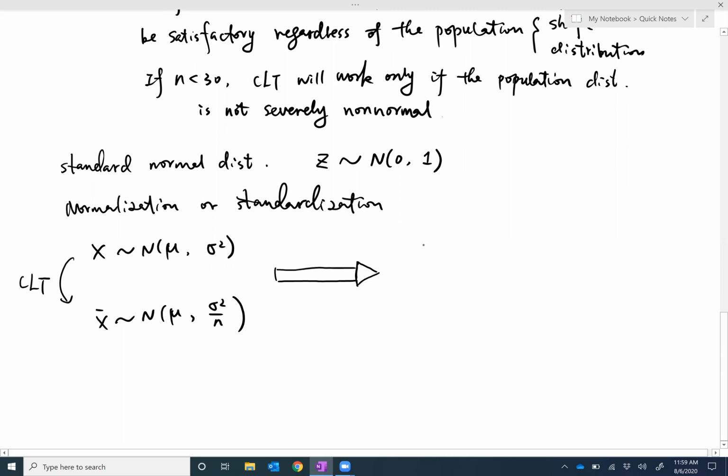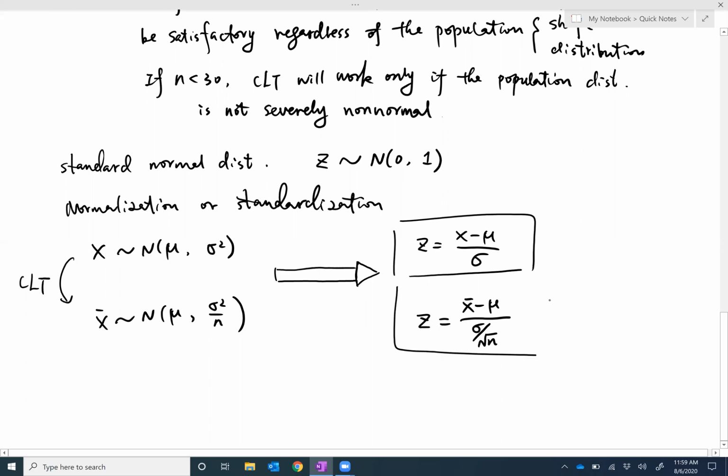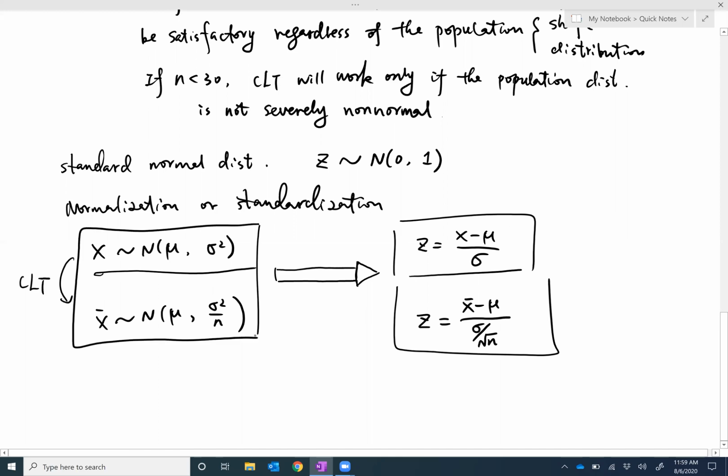Then this will be Z equals X minus mu over sigma. And this will become Z equals X bar minus mu divided by sigma over square root of n. So this step is called normalization or standardization, how to make it become a standard normal distribution.